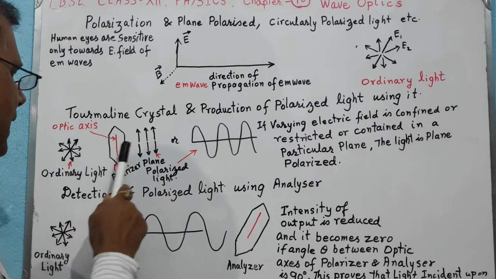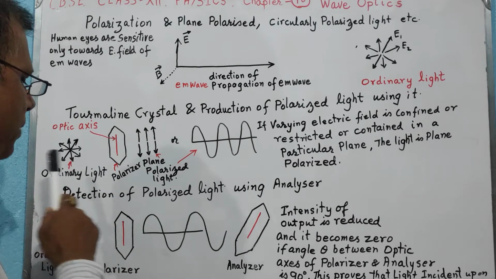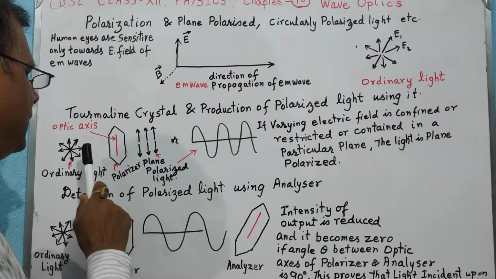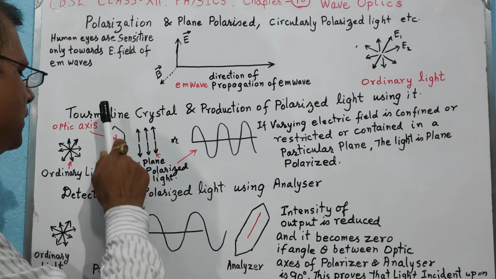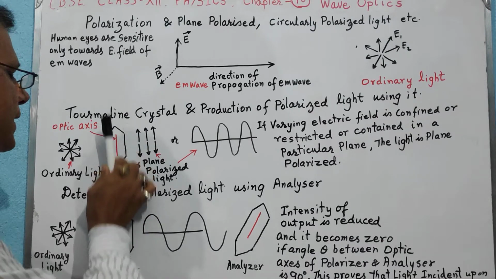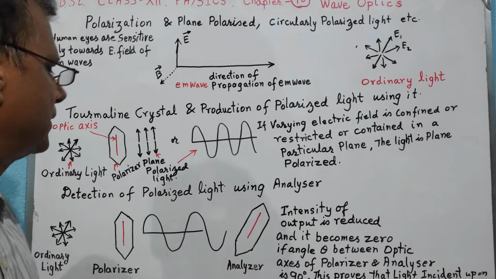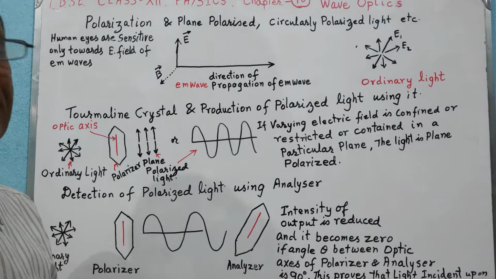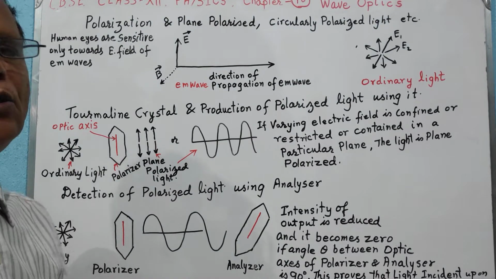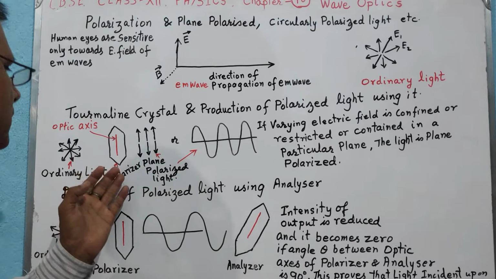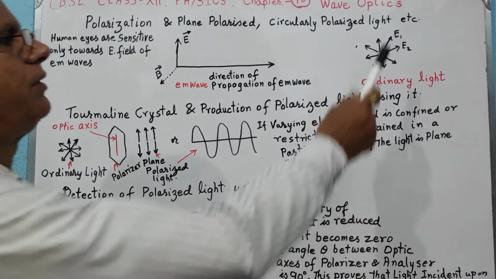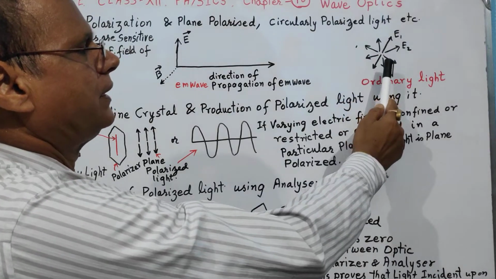When ordinary light is incident on and allowed to pass through the tourmaline crystal, which is also known as a polarizer, those vibrations of the electric field which are parallel to the optic axis of the polarizer are allowed to pass through the crystal, and others are absorbed by the tourmaline crystal.